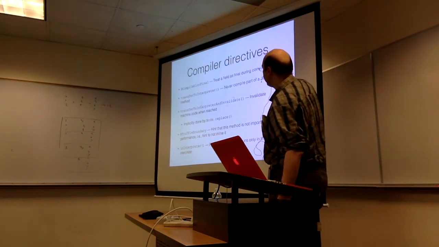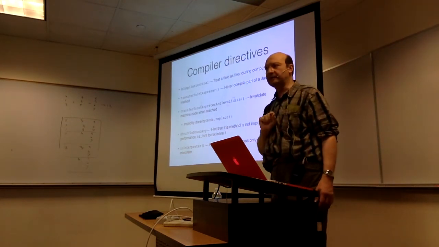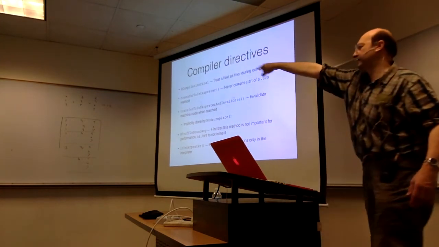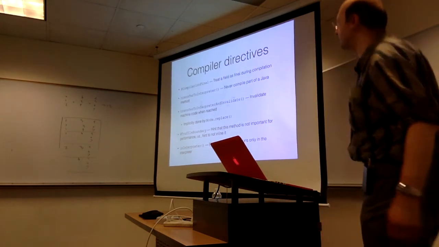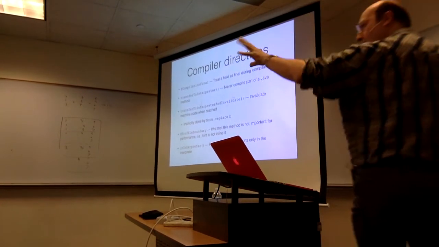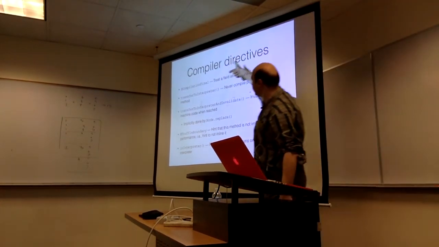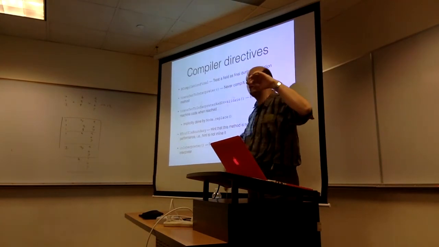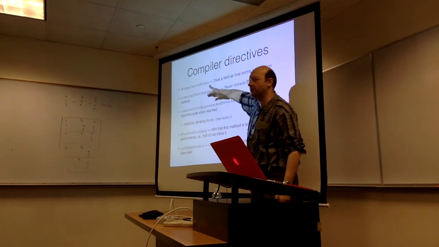If you want to write code that's never compiled, you put this call in. There's obviously a thing before this, like Truffle runtime, that you have to put before it, but this is the important thing. You put this call in your code, and when Graal gets to this point, it says, oh, just insert a deopt. Don't compile past this point, I'm just going to deopt at this point.